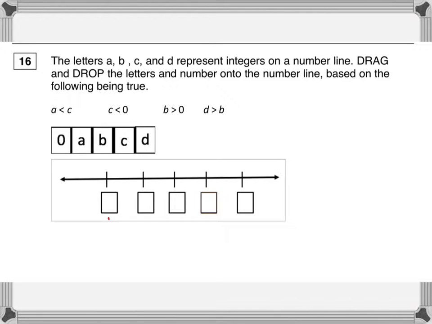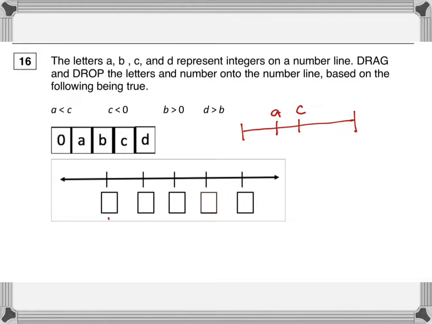So I know that on my number line, I'm going to have, let's see, point A is going to be to the left of point C. Okay.